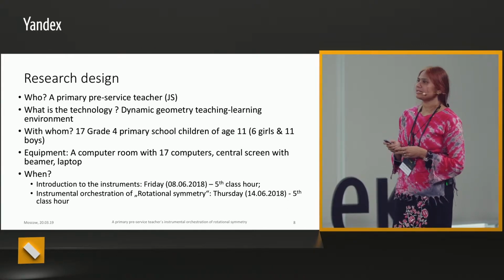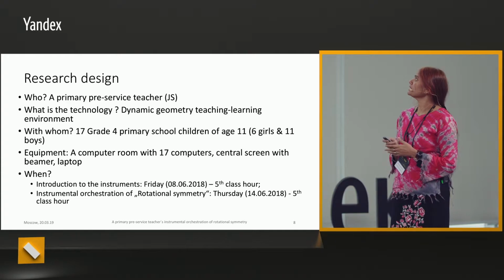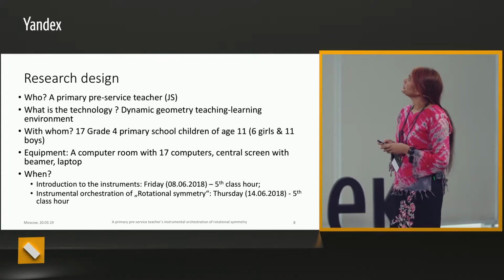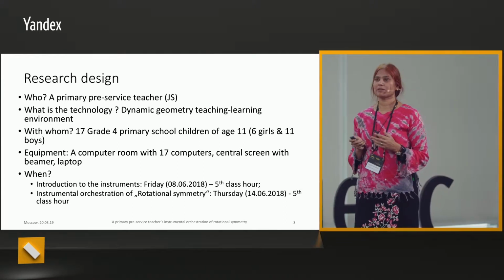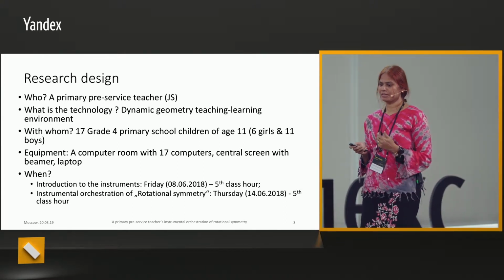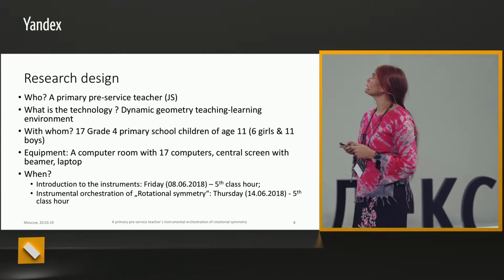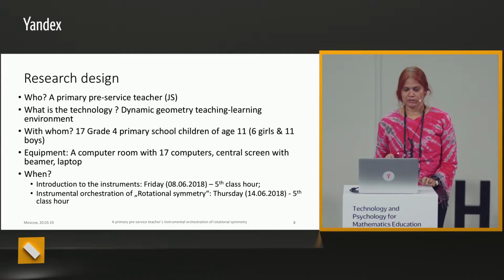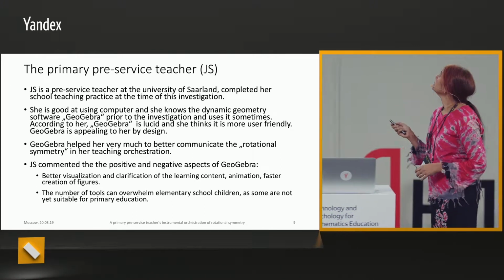She conducted this instrumental orchestration with 17 grade 4 primary school children, and the children worked individually. That means each child has a computer. The study was conducted in 2008.